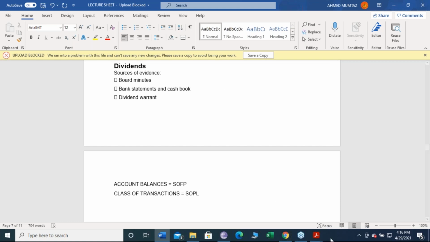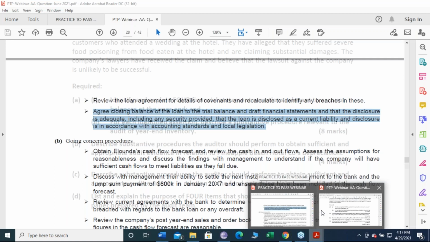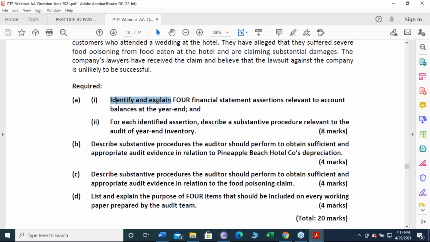So let's read the question again. Identify and explain 4 financial statement assertions relevant to account balances at the year end. So 4 financial statement assertions, what are those? Existence, valuation, completeness, and rights. So you need to define them.